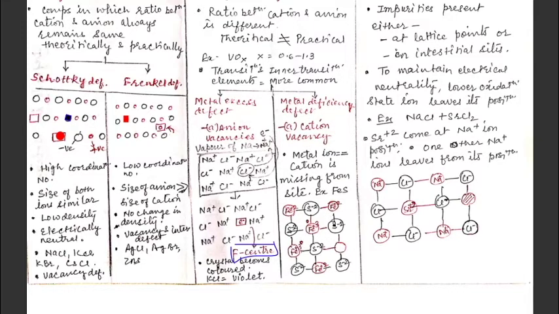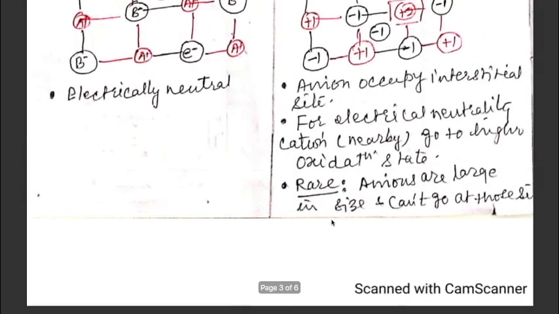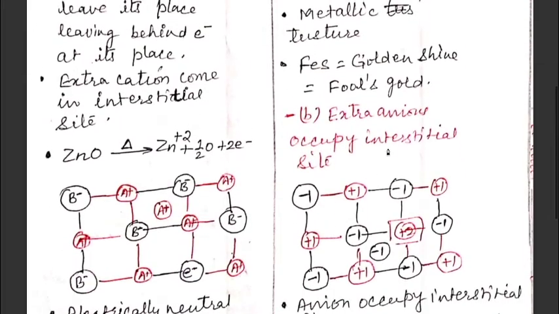Second type of defect is, as I told you, extra anion if occupy interstitial position. Any anion, suppose this one occupy interstitial position. So to maintain electrical neutrality of this crystalline solid, one of the cation position occupied by cation of higher oxidation state. यहाँ -1 एक्स्ट्रा आया तो ये +2 आ गया.